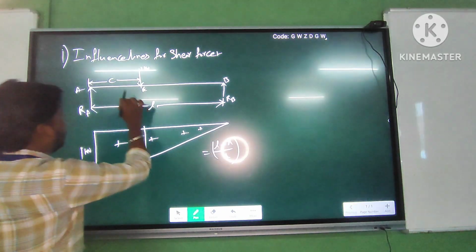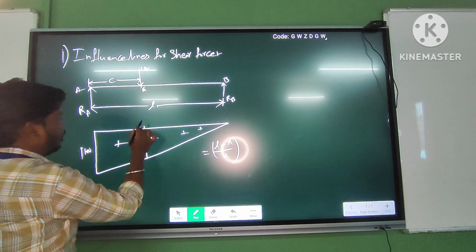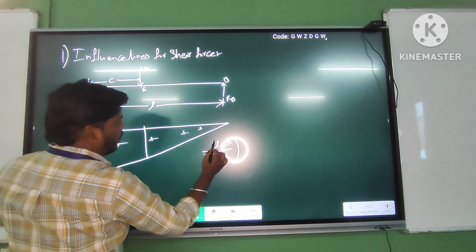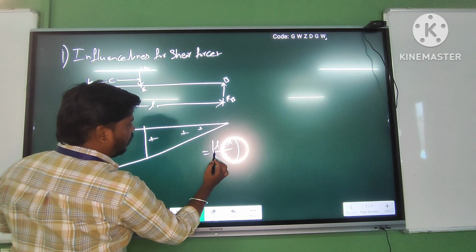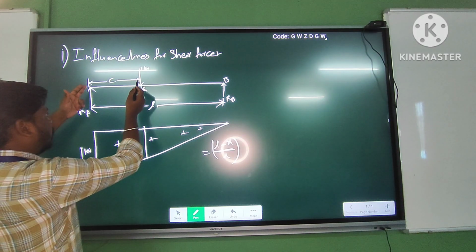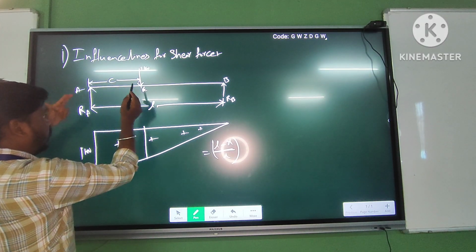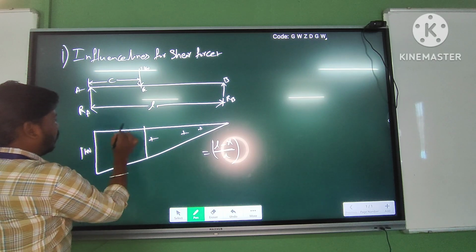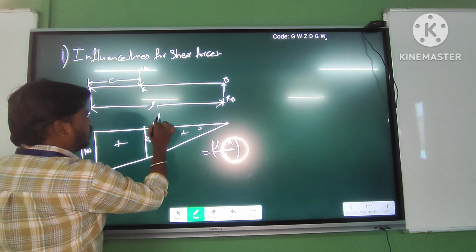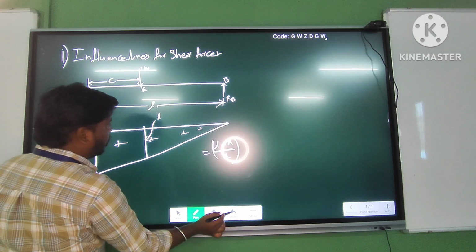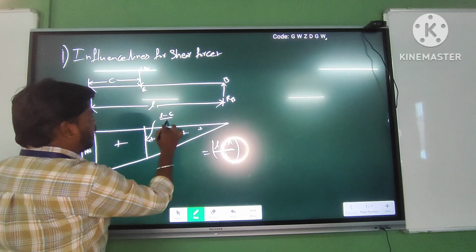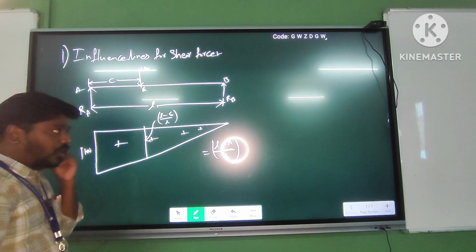If the distance from point A to point E is X, then we get L minus X by L. But here in this case, we have the distance of C from point A to E. So the intensity here will be L minus C by L.